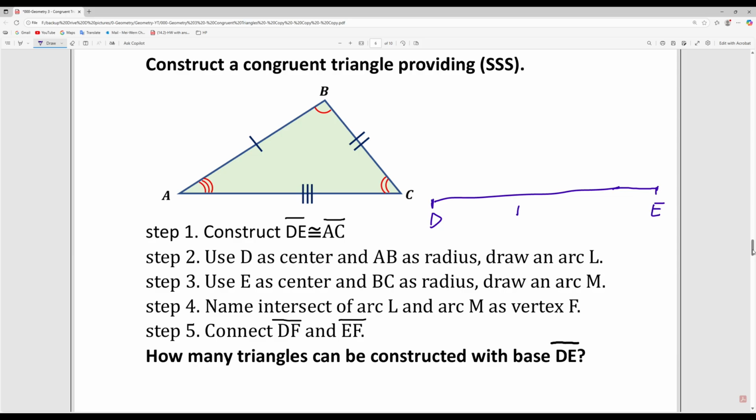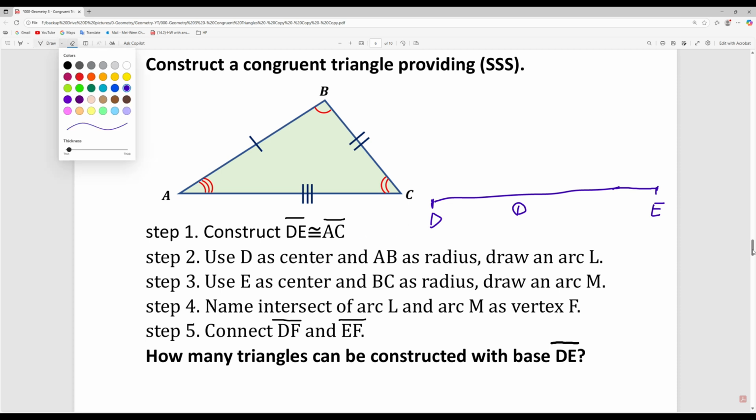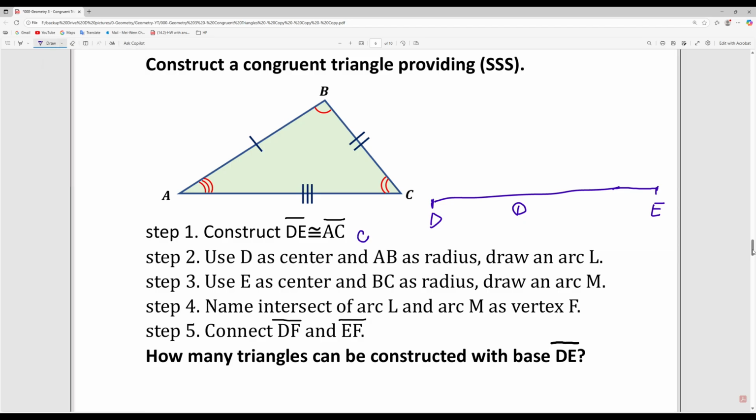So that's step 1. I construct a congruent segment.